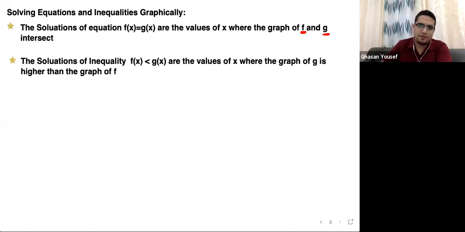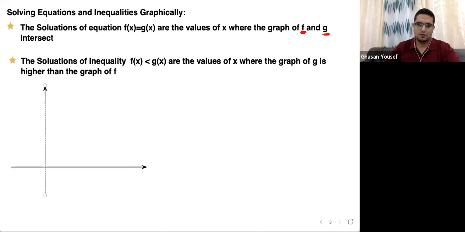Suppose I have a graph of a function that looks like this. Here is my Cartesian plane. This is the first Cartesian plane. This is my second one.